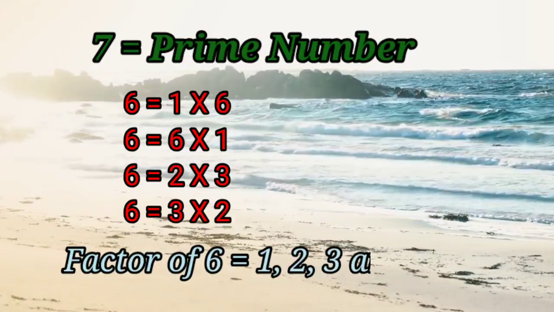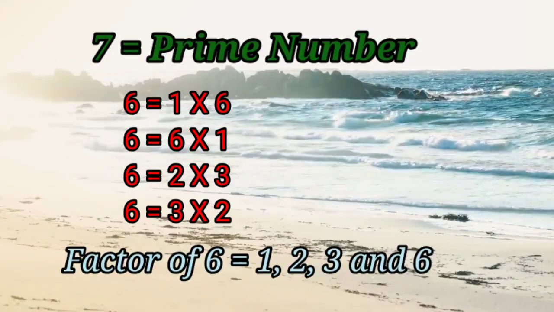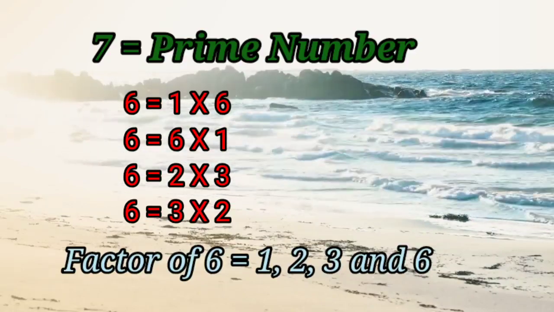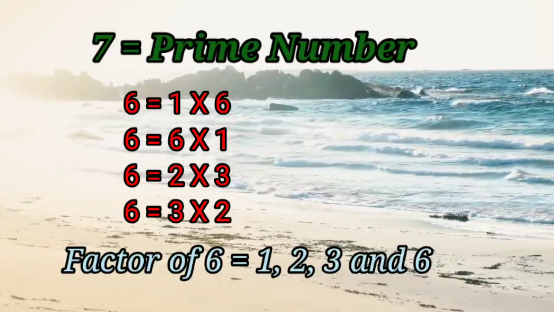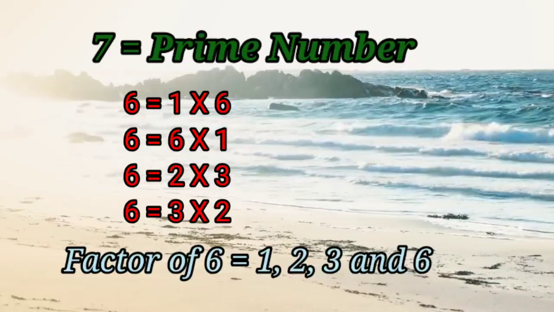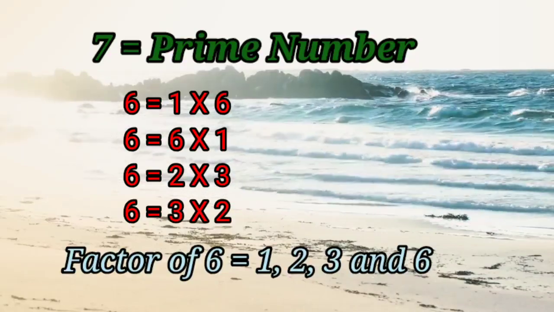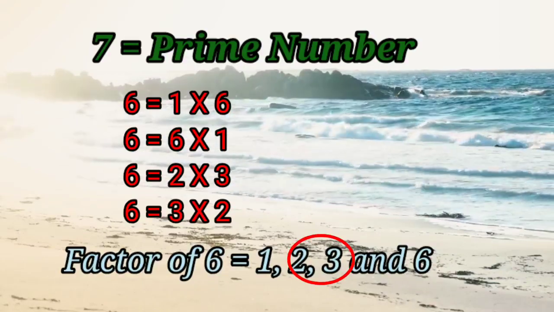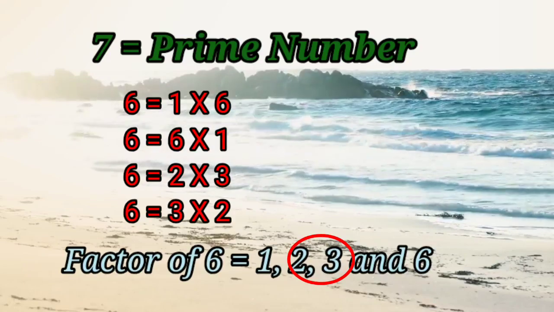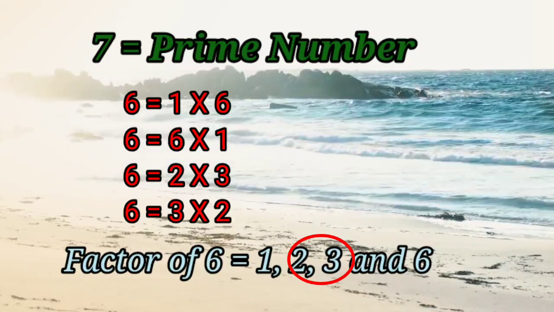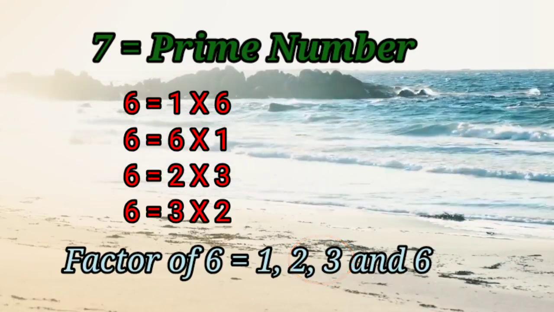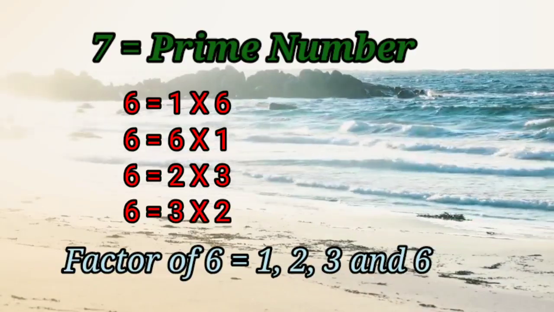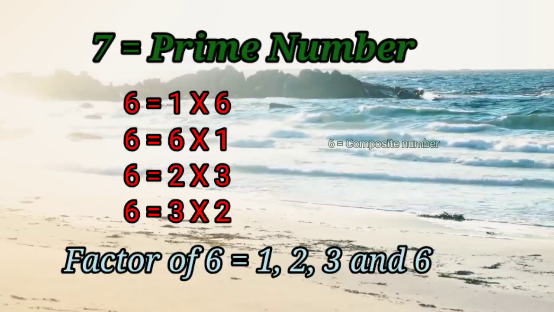Because the factors of 6 were more than just these 2 factors, 1 and the number itself, it also has the factors 2 and 3, and so 6 is not a prime number. And if 6 is not a prime number, then it is a composite number.